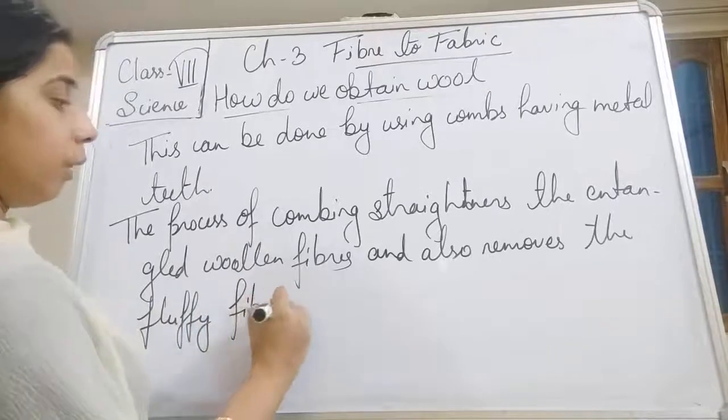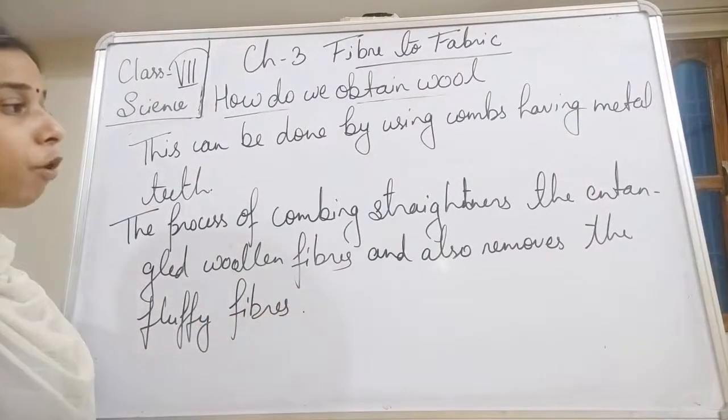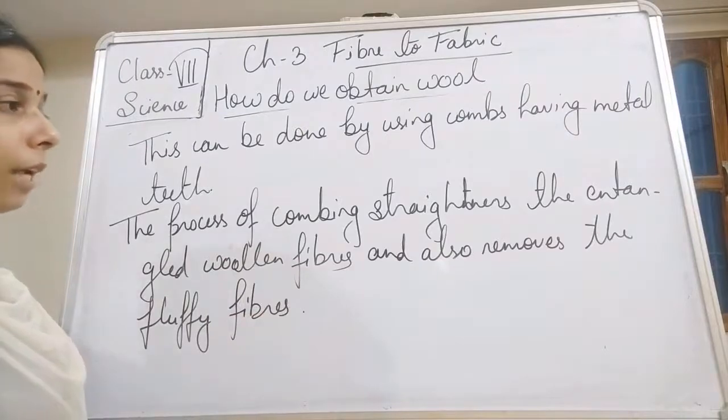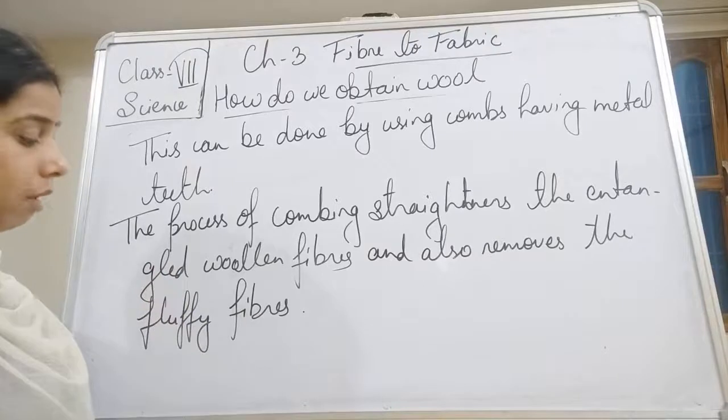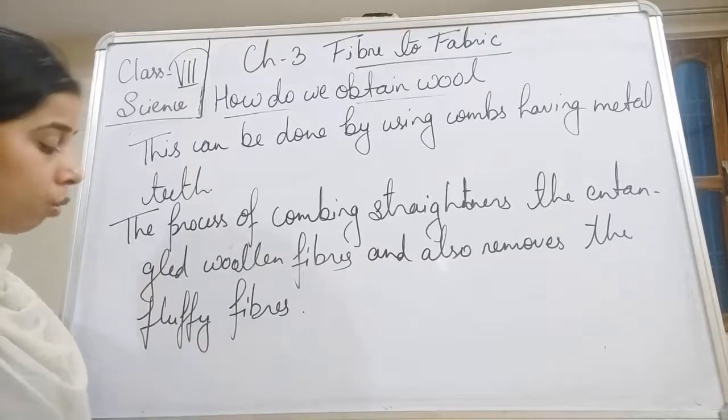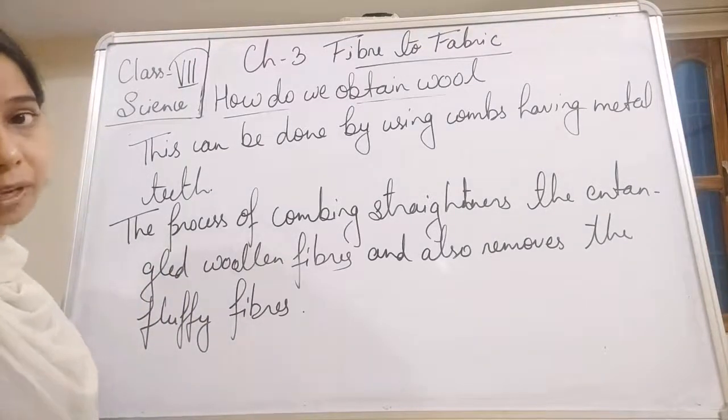So we can see here that we should do the process of combing because it helps in straightening the entangled woolen fiber, as well as it will also help in removing the fluffy fibers. Okay.